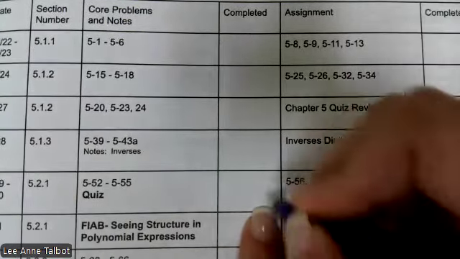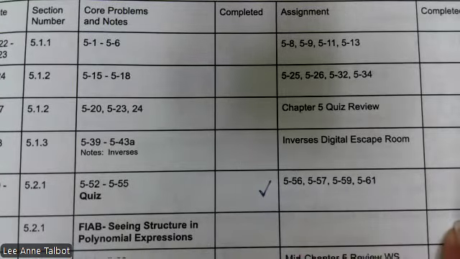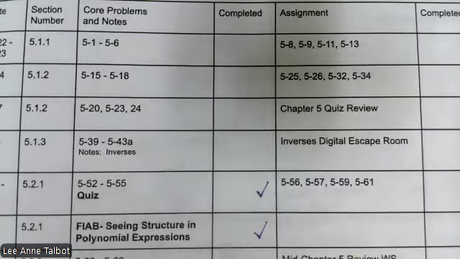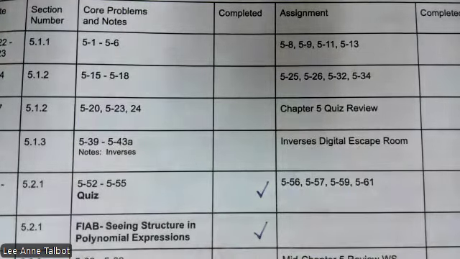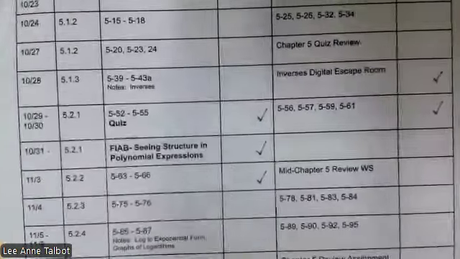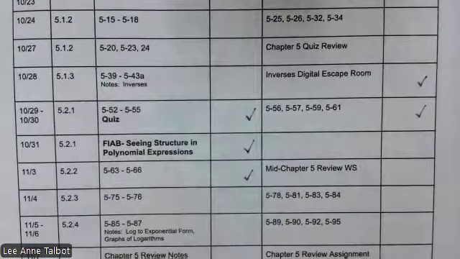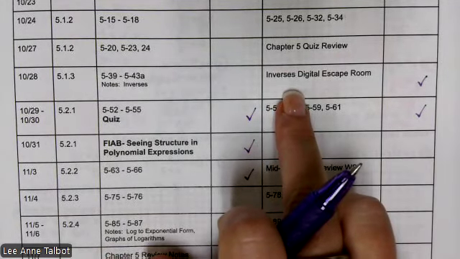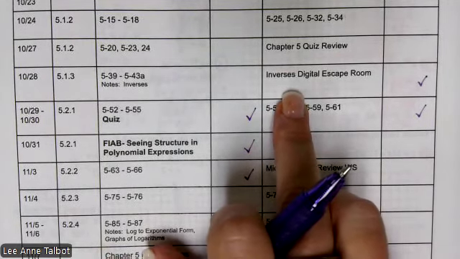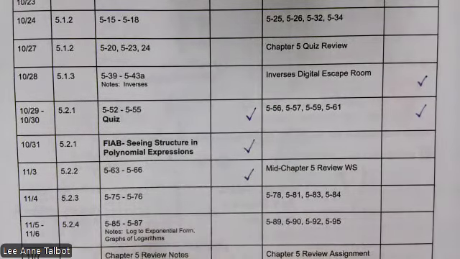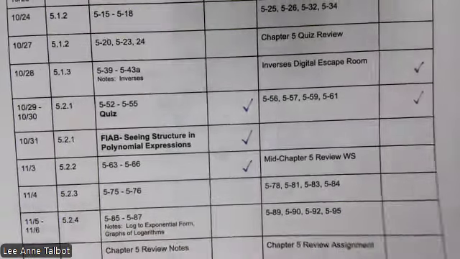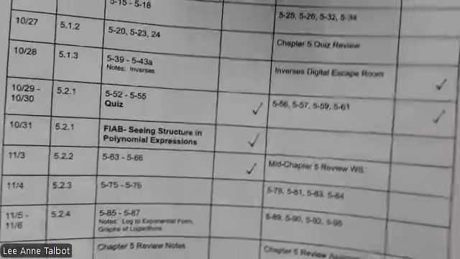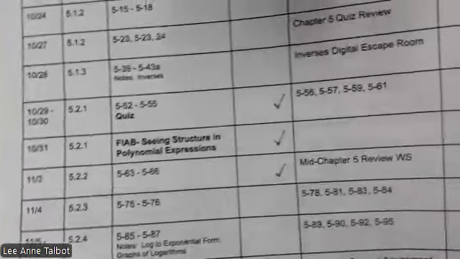Digital escape 52 to 55, 56 to 61, your FIAB, and then today's notes. Does that look correct? The only thing that's in your packet is the digital escape. So when I do come stamp, if you could have it open to that work page, that would be great, but not right now. We're going to do 63 to 66 first, which is all in the notebook.